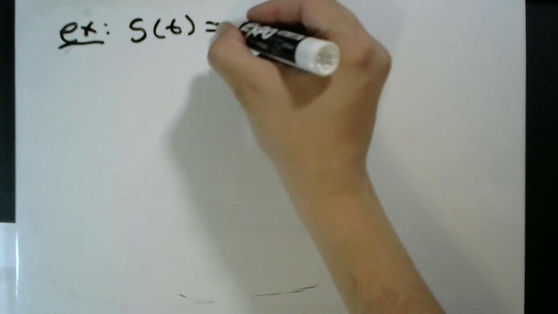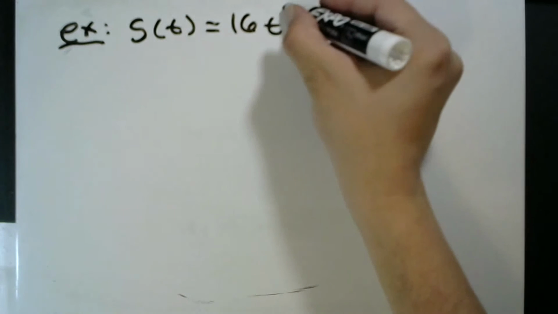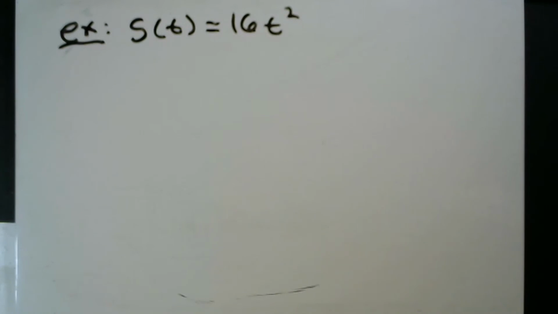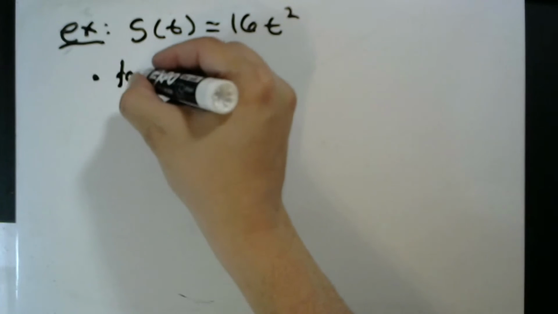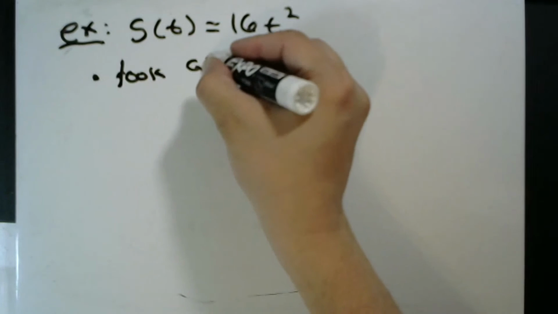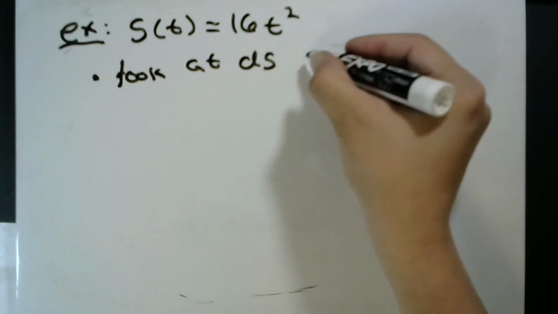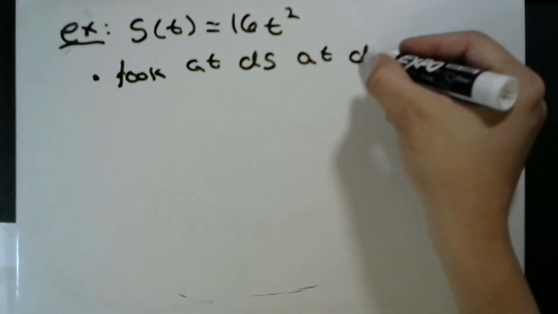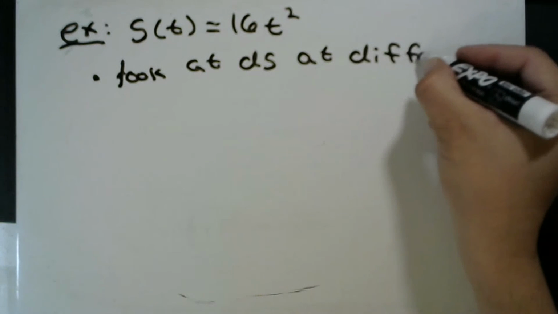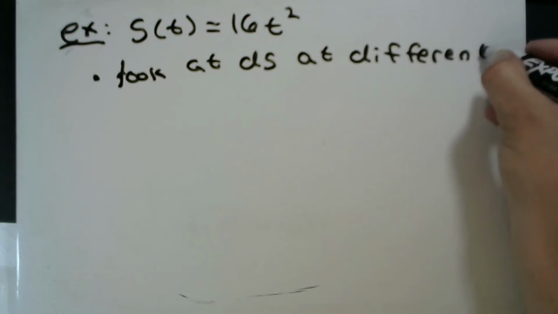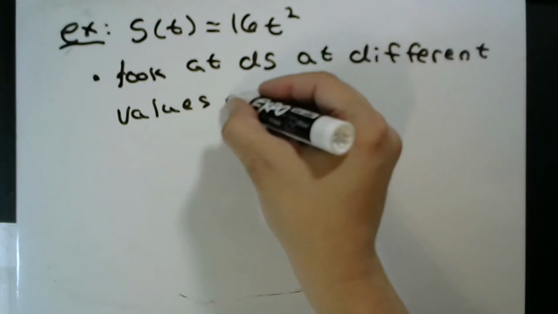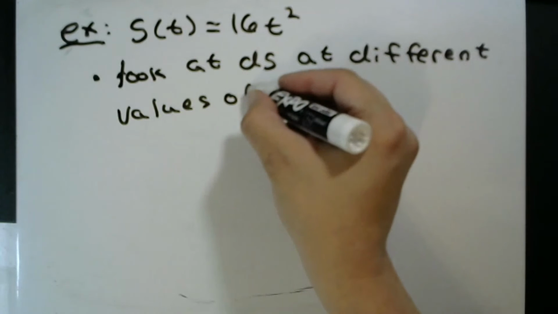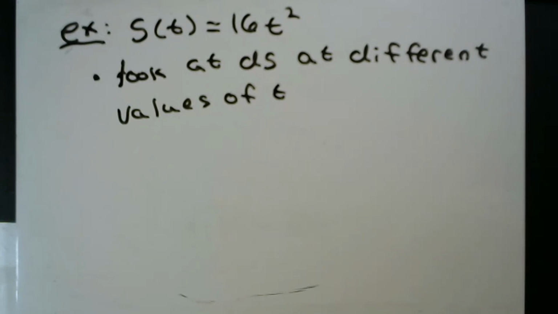So let's say we bring this function in. And we're going to take a look at ds at different values of t.